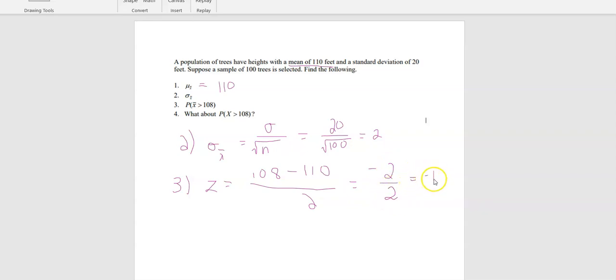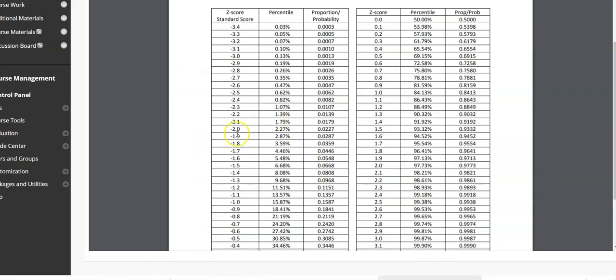So we're going to look up negative 1, but let's remember that the chart always gives us the area, or the probability, to the left, that is, less than. So this is a greater than problem, and recall with greater than that whatever we get off the chart, we've got to subtract it from 1. So let's look up negative 1 on our chart.